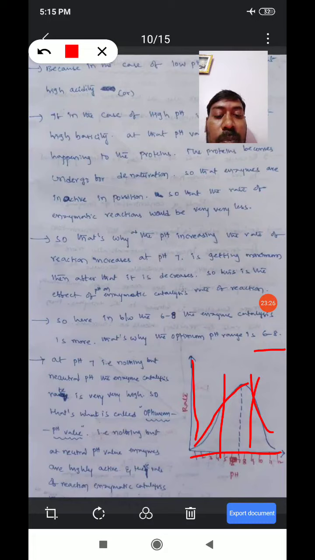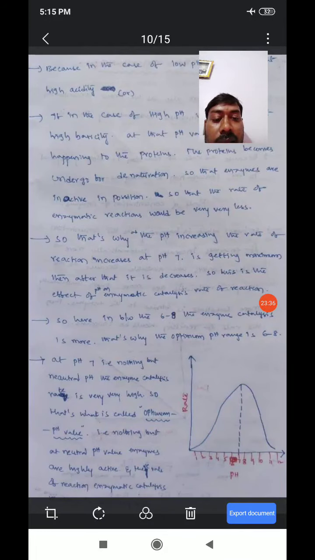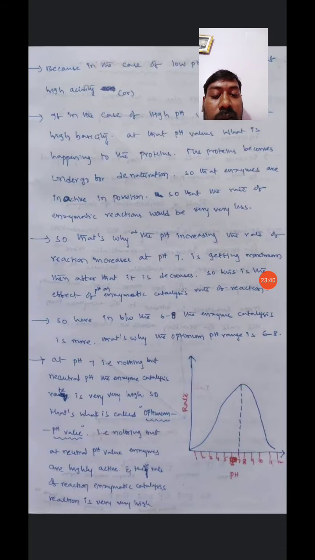At pH 7, that is neutral pH, the enzyme catalysis rate is very, very high. That's why it is called the optimum pH value, that is, at neutral pH values.